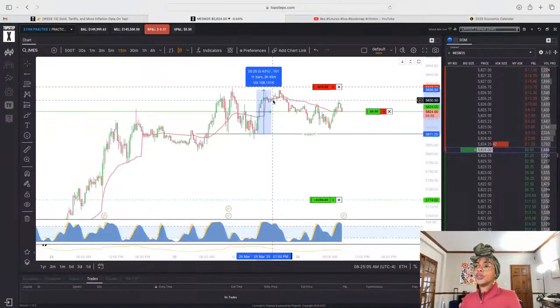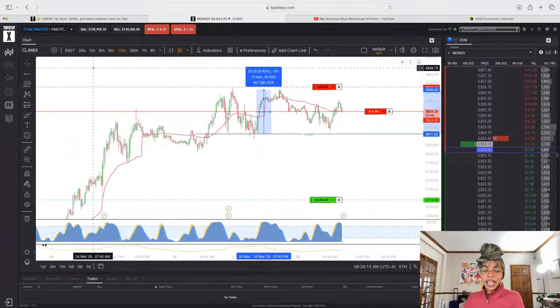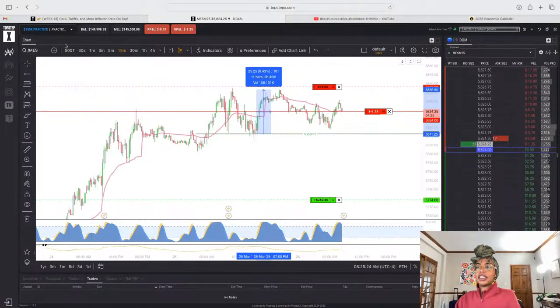Everyone wants to trade as if they are trading with an account that has a drawdown or you have 150K worth of leverage. But I want you guys to unthink that. I want you to think about your account as far as placing your trades, your contract size, and your drawdown.